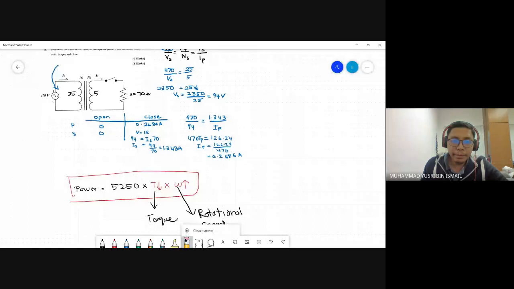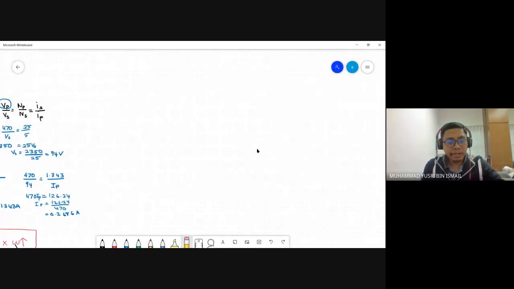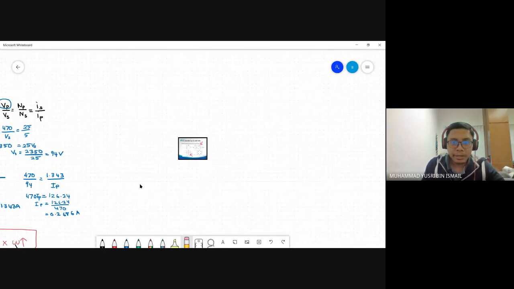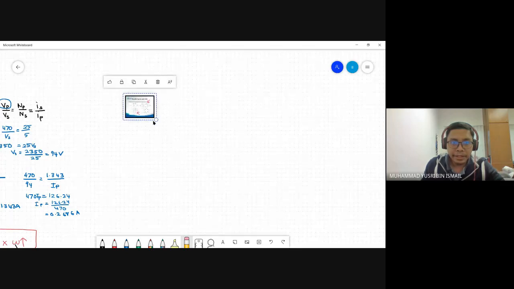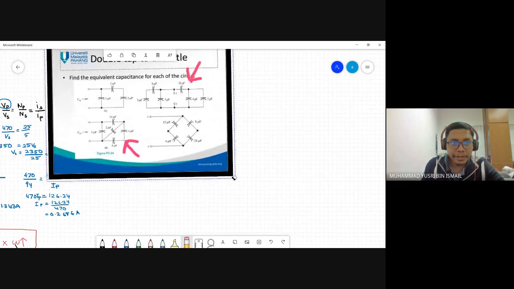Oh, sini hujan lebat. Okay. Jadi Farah tak dapat jawab dua soalan ni.